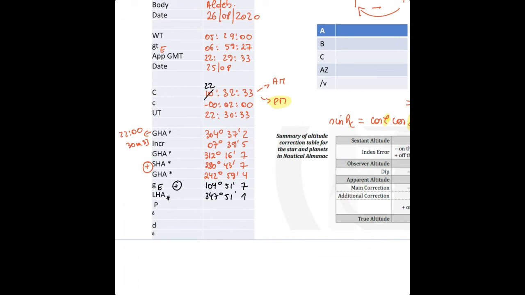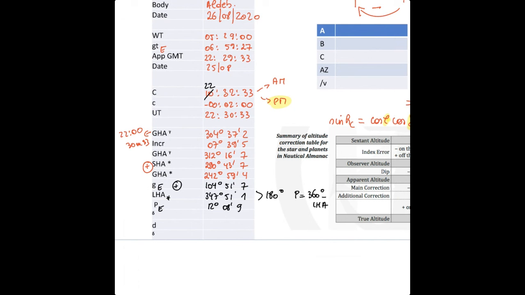Okay, this value is bigger than 180 degrees, so my polar angle is east, that I already know, and it is equal to 360 minus the local hour angle. Okay, so my polar angle is 12 degrees 08.9.